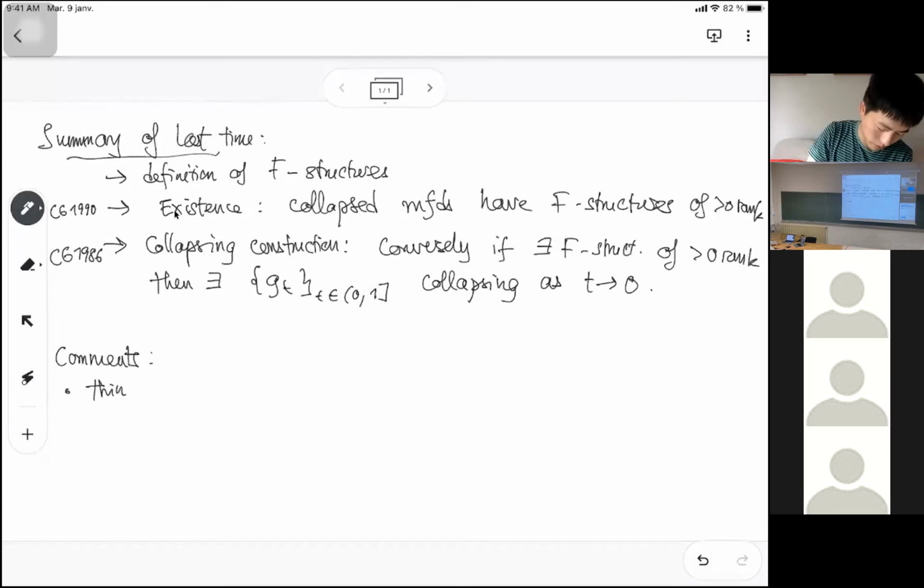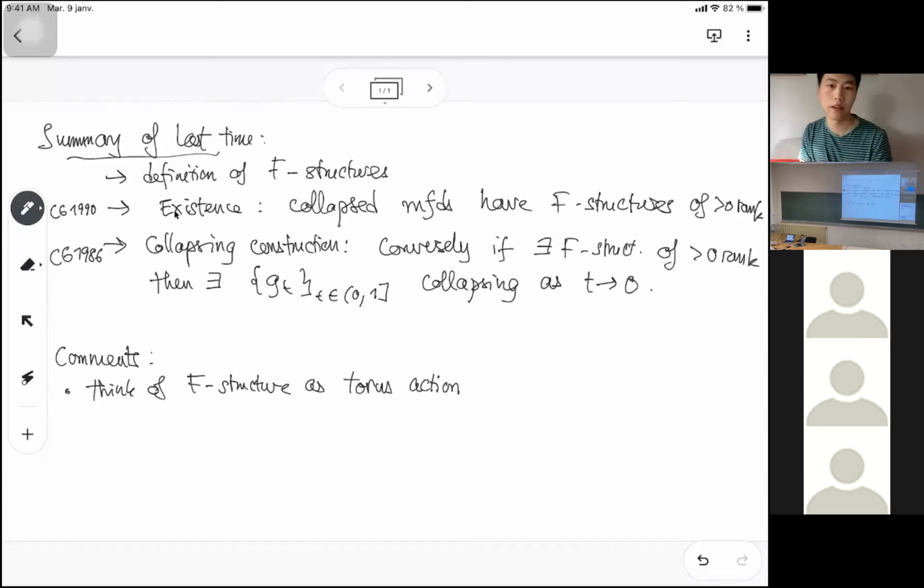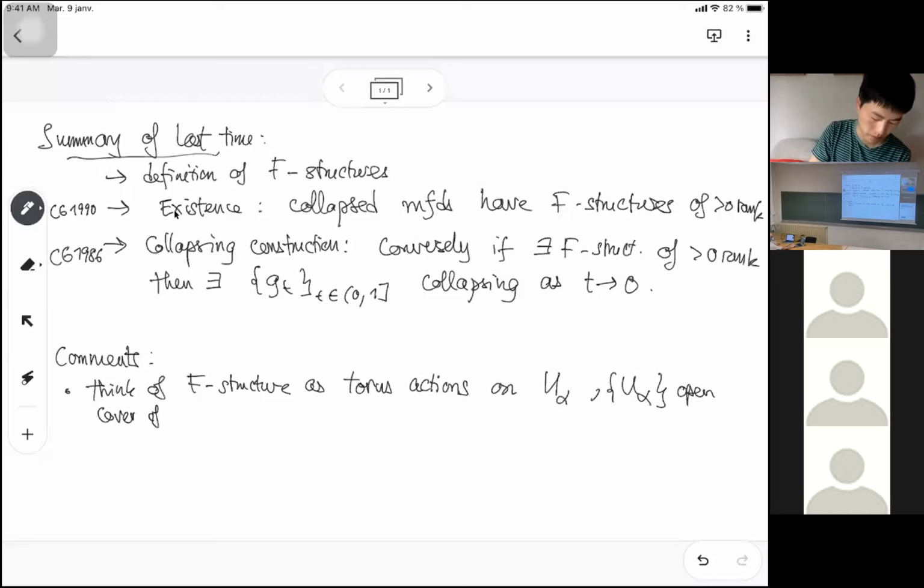So think of F structure as some torus actions. The tori may not have the same dimensions, but they have positive dimensions on U alpha, and the U alphas are open sets that cover M.